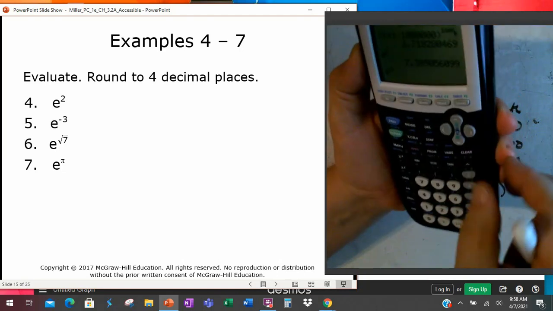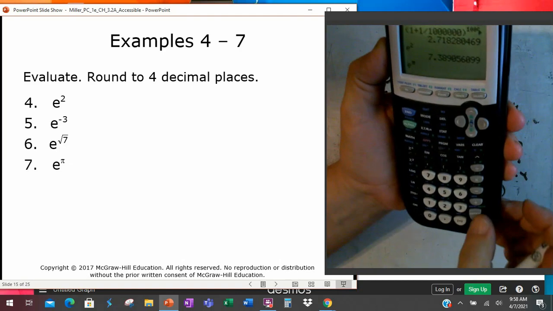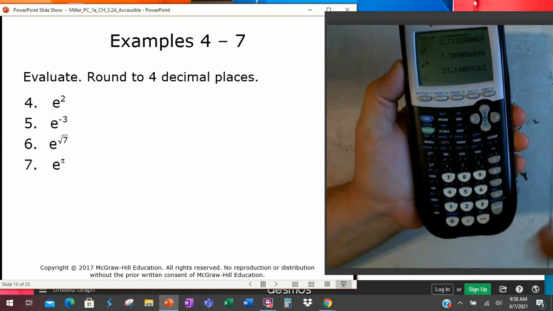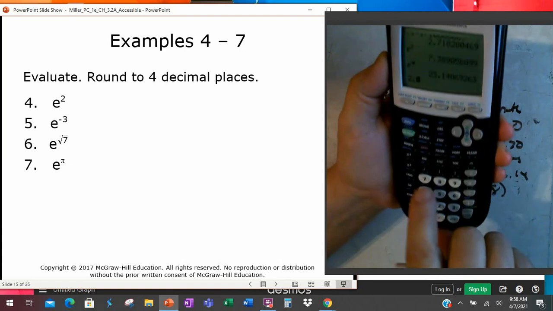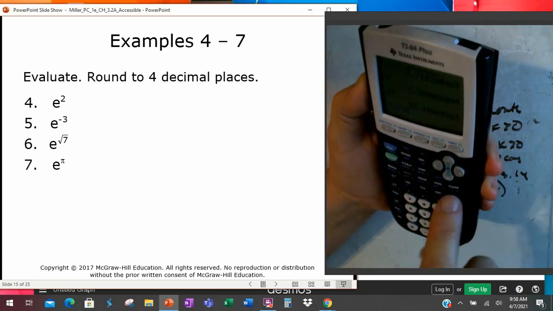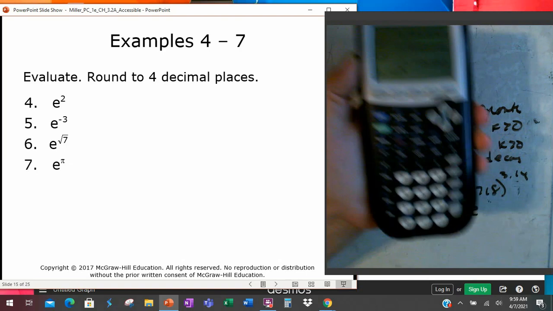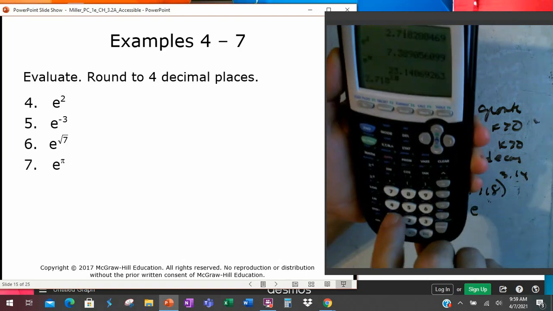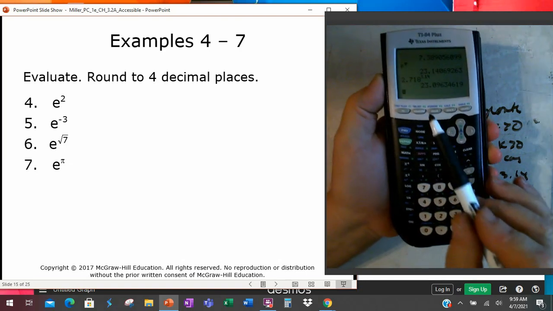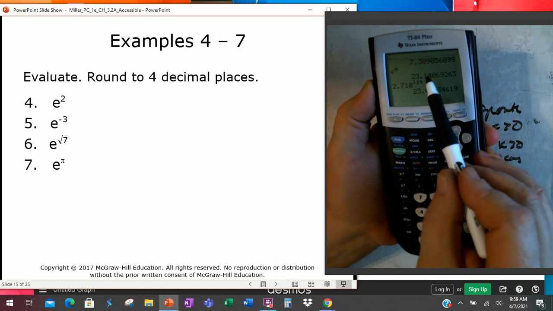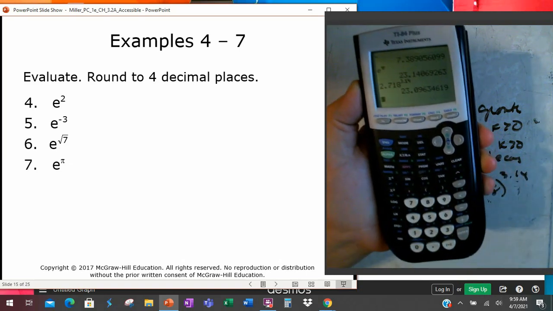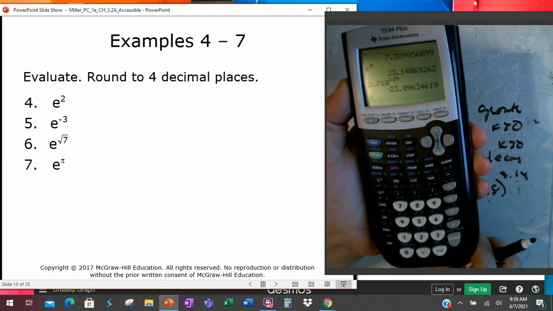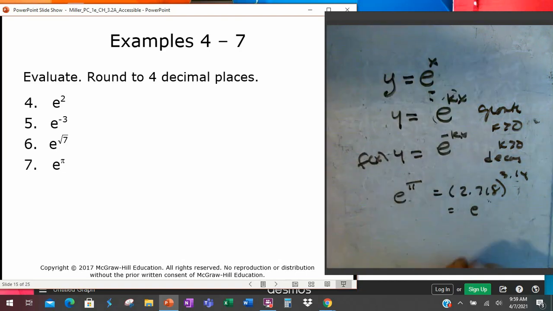So I do second, that would be my pi. That would be that number. Approximate, if I didn't have these things, I would do 2.718, do my exponent again, that's my caret key, and then the 3.14 to 2 decimals. And that gives me 23.896 compared to 23.148 if I let the calculator use maximum decimal places. All right. So that's how we handle those.